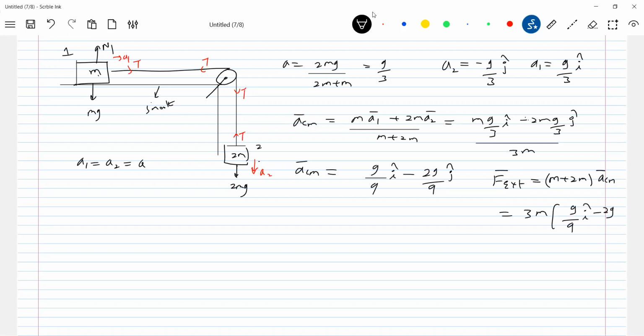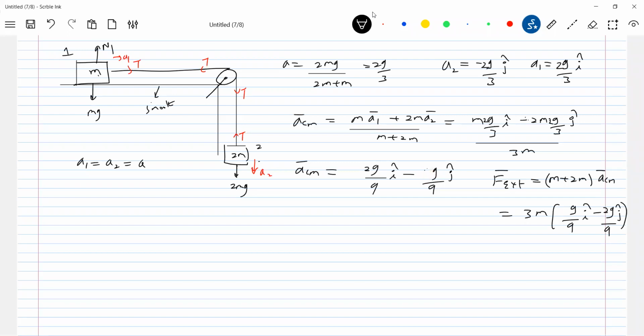Sir, in the first step, it is 2g by 3. Yes, sir. Oh, here, 2g by 3 it is. Everywhere I'll make it 2g by 3.